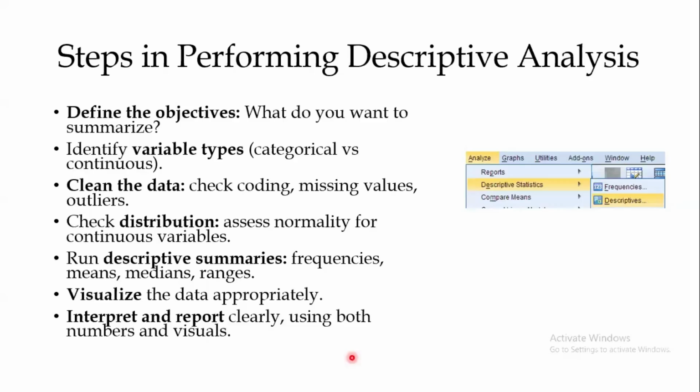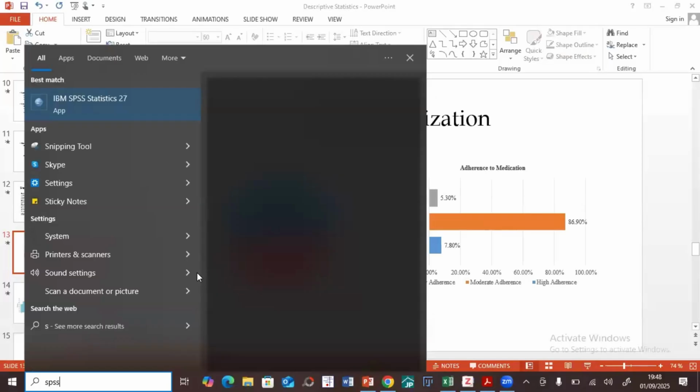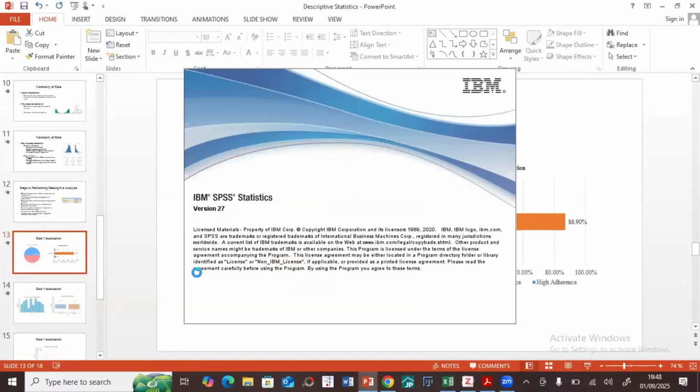So let me share my entire screen. Okay, so let me exit there. So typically, the commonest used software for statistical analysis is SPSS, the Statistical Package for Social Sciences.